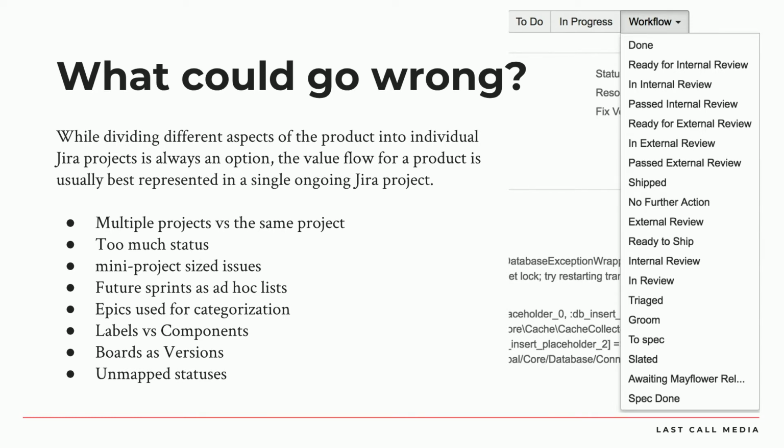Another thing that I've seen is misuse of the boards. Jira makes it really easy to create a board for anything. Who's familiar with boards? Okay, all right. So a board is just like a view of issues, essentially.